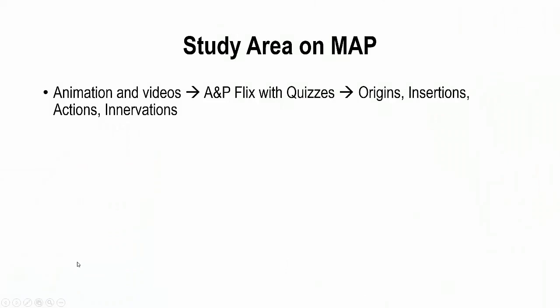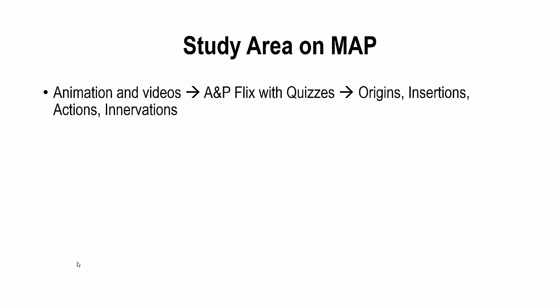Okay, now there's some very, very good tools that can help you learn the origins, insertions, and actions of the muscles that you're going to be responsible for. And to find this, you're going to go into Mastering Anatomy and Physiology.